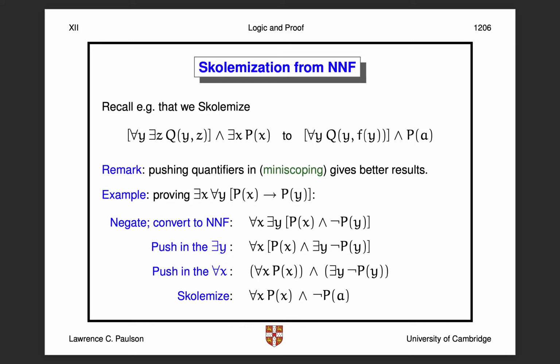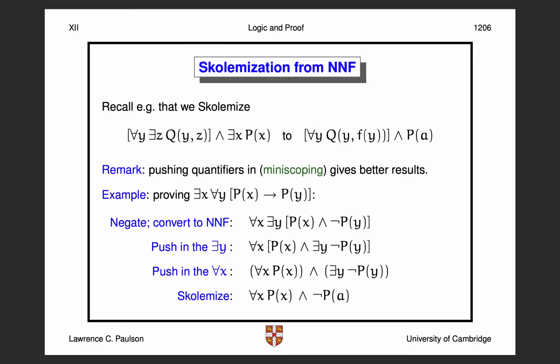But generally, that gives you much longer proofs. When I say much, I mean an increase in length which is very difficult to imagine using, let's say, ordinary arithmetic operators such as exponentiation. Yes, that much bigger. It's better to push quantifiers in.